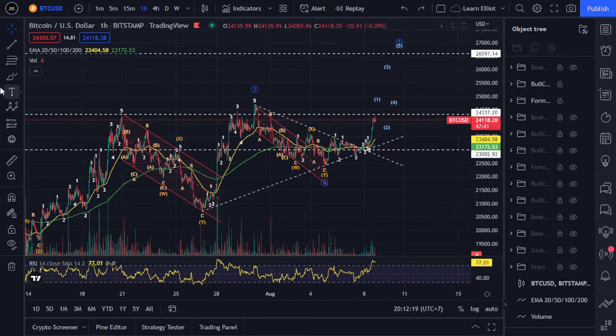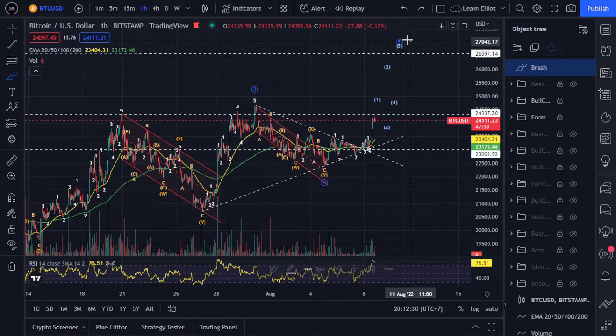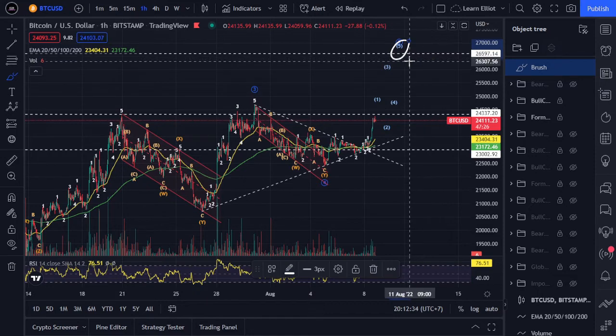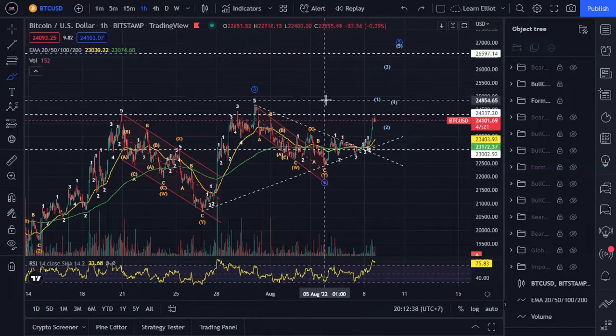So I actually opened a long position at this price range here, about 22,700, to this side here, 26, my target, for the completed fifth wave.